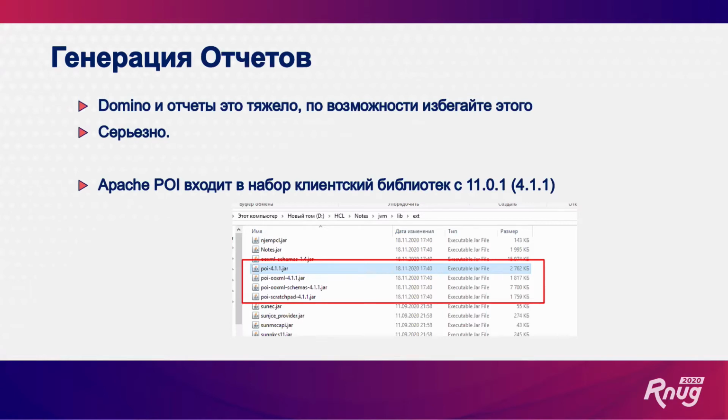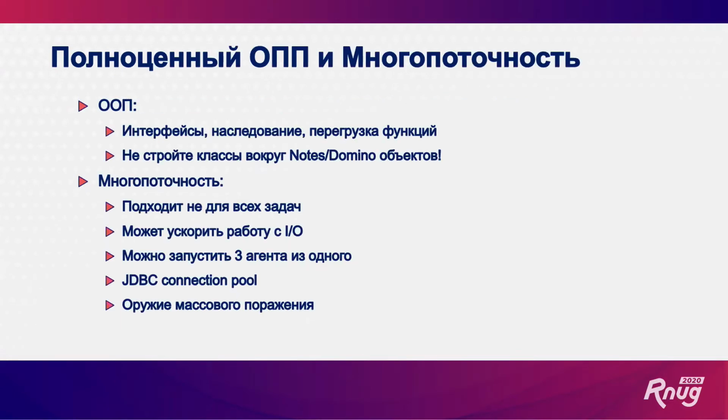We have POI 3.17 in one of our projects, and when we transferred to the 11th client, we had two developers dealing with that. It turned out that they were in conflict, and we went back to the old POI version. As a result, we had to rewrite some things, and it's quite laborious, so to say. But you should be monitoring the versions of the libraries from time to time.